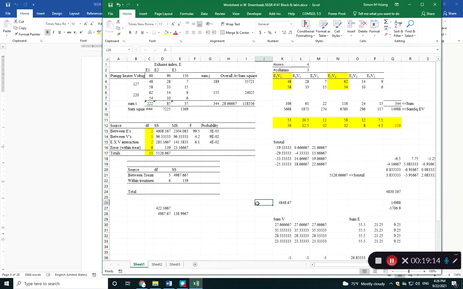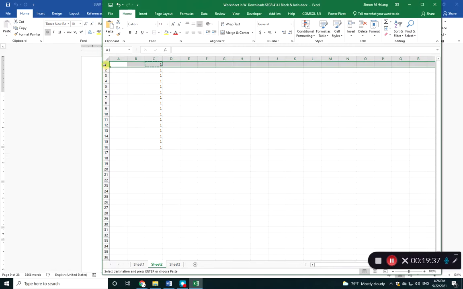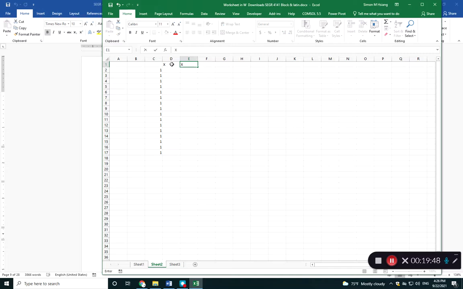Now I want you to spin this in another way to think about it. Remember when we played with the polynomial, we said that I have the intercept 1, 1, 1, 1, 1, a bunch of 1s. And then I consider this: I have an x, and then I have an x squared.